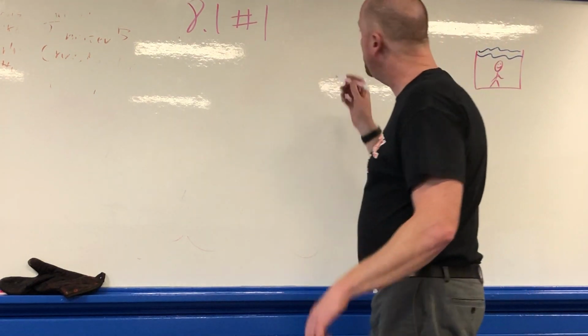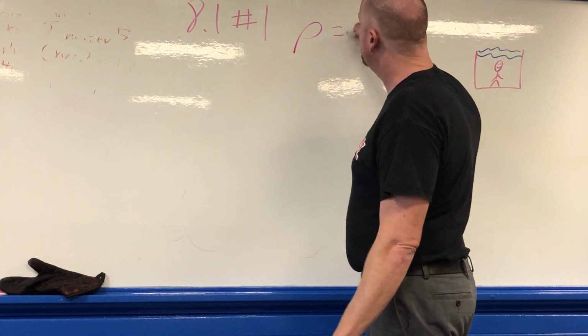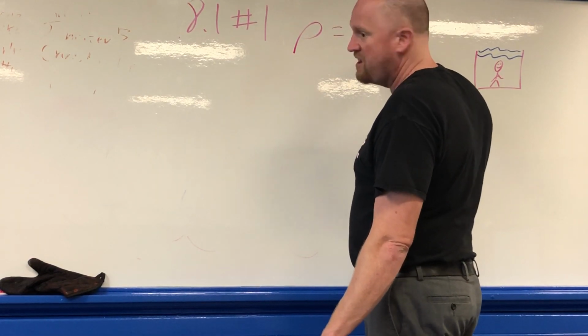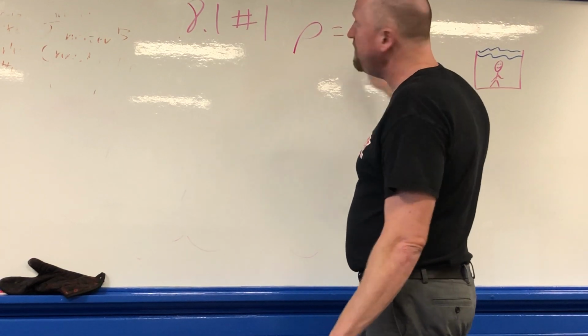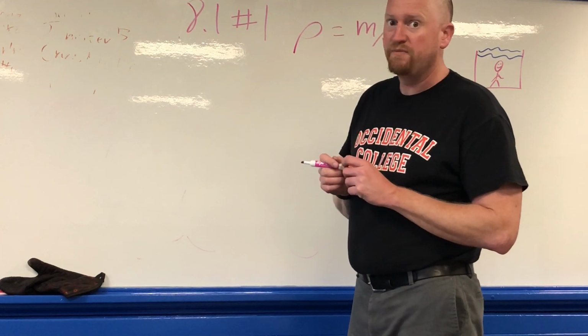So we're going to use our formula for density. Density, that's a rho by the way, is equal to mass over volume. Now, since I cannot figure out what the volume is, I'm going to cheat.